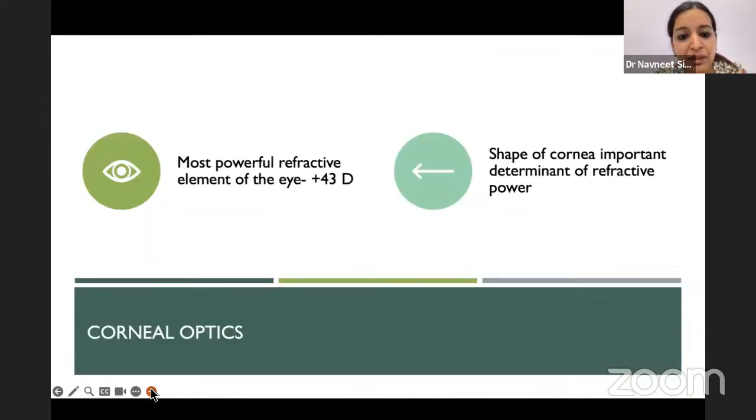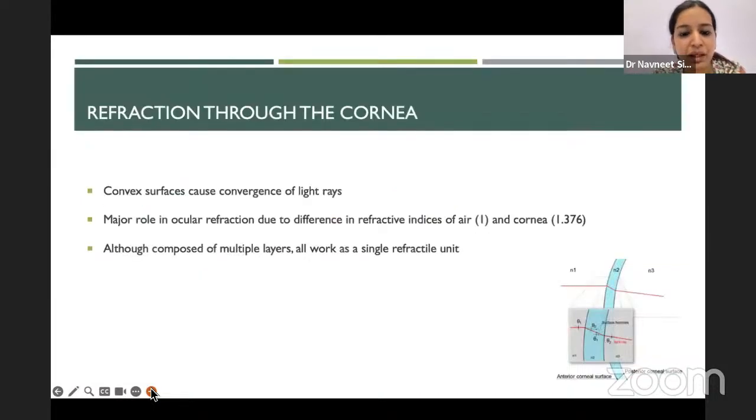Next slide, please. So understanding the corneal optics. The cornea is the most powerful refractive element of the eye, giving a power of plus 43 diopters. The shape of the cornea is an important determinant of the refractive power of the whole eye eventually. So how does the refraction occur through the cornea? The anterior surface of the cornea is convex anteriorly.